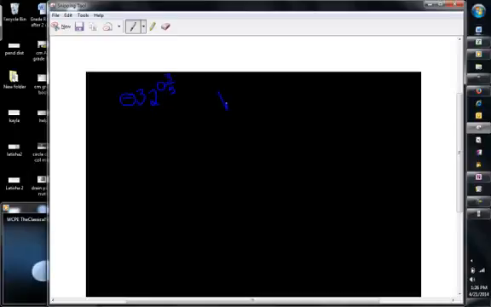So we have the 5th root, cubed. Well, negative 32 is negative 2 to the 5th, and we're going to cube that 5th root.